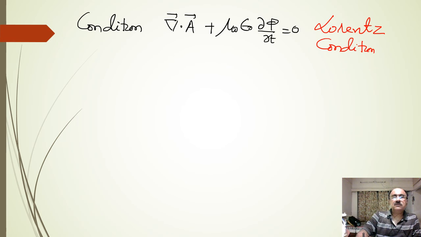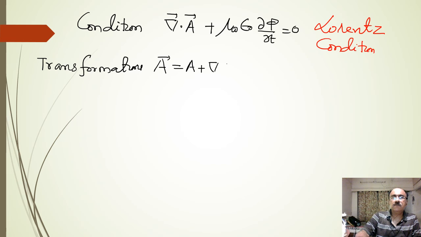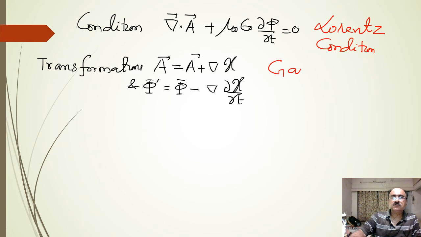The transformations A dash equal to A plus gradient of chi, and phi dash is equal to phi minus gradient of del chi upon del t, these are called the gauge transformation.